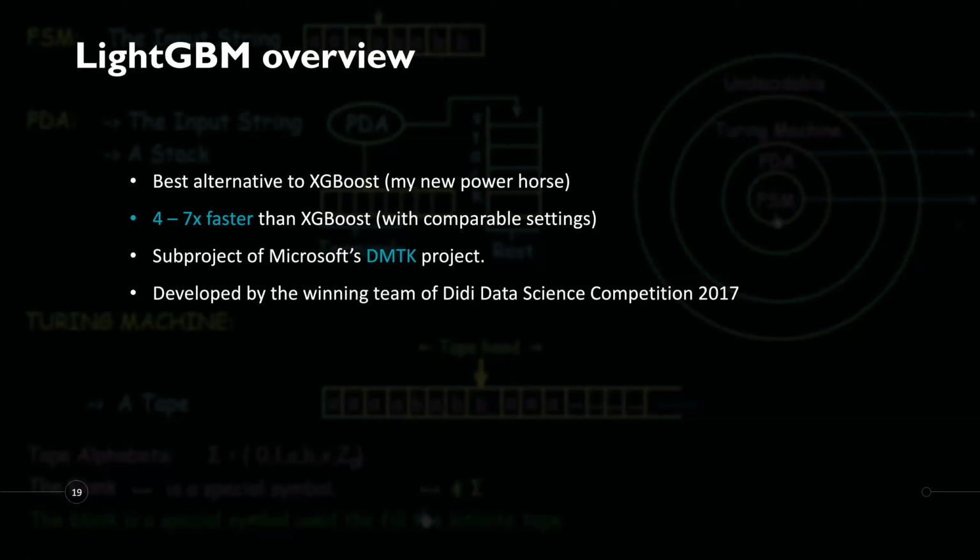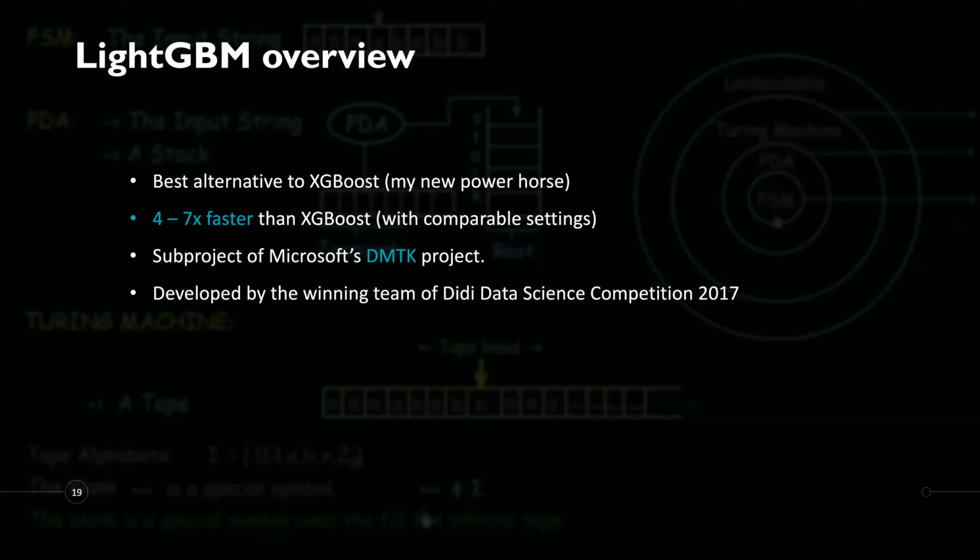For those, I would use deep learning. But for pretty much other tabular-ish data, I would just use LightGBM or XGBoost, and mostly LightGBM. The biggest benefit of LightGBM is the speed.